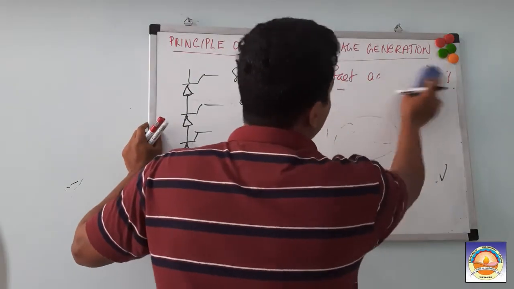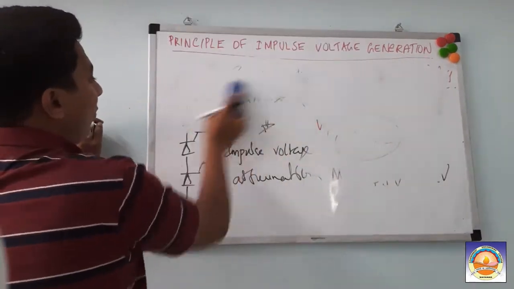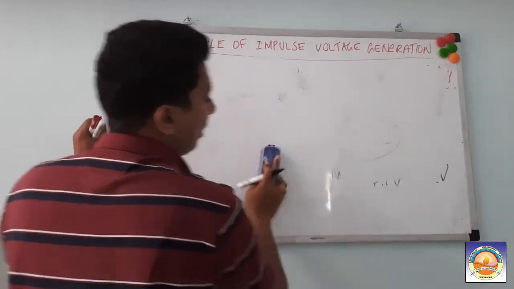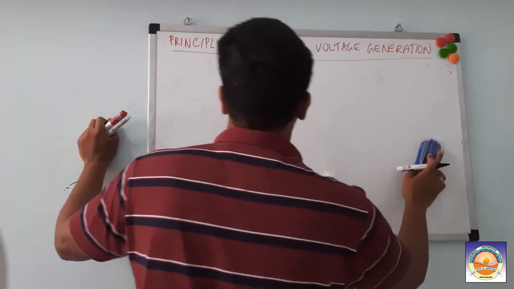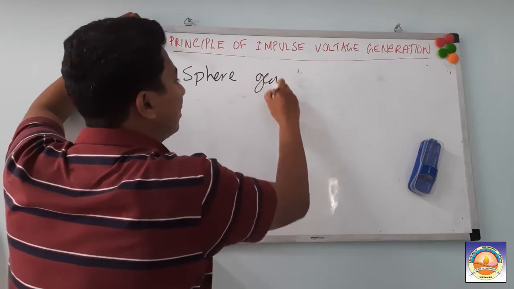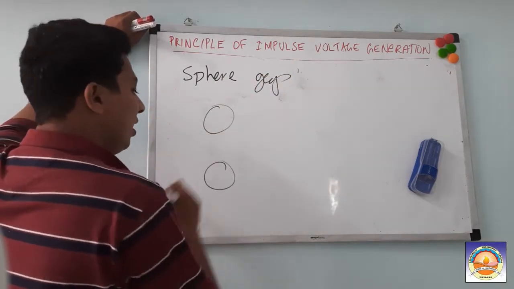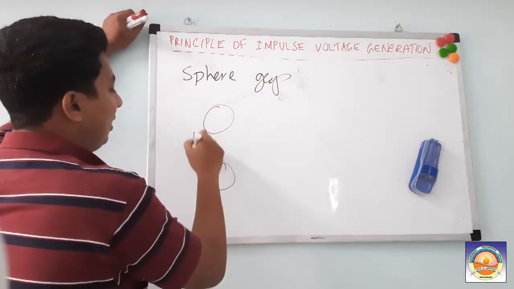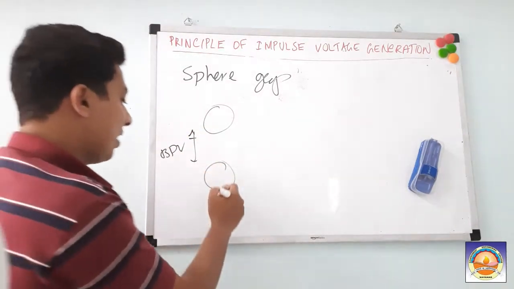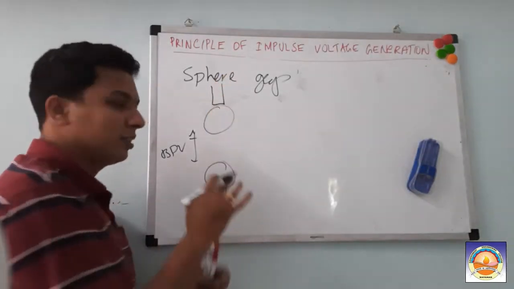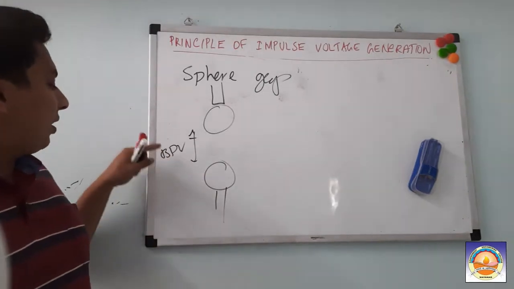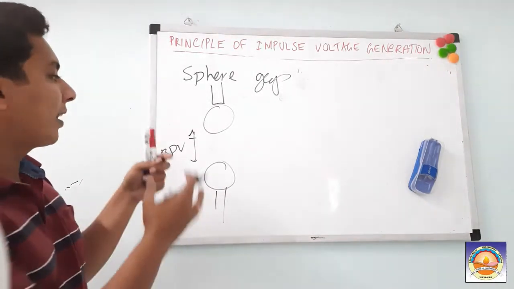In high voltage engineering, for such fast switching as is the case for impulse voltage, we use a special switching device, that is nothing but the sphere gap. You will have two metallic spheres with air in between, and the switching is determined by the breakdown voltage, which depends on the space between them.